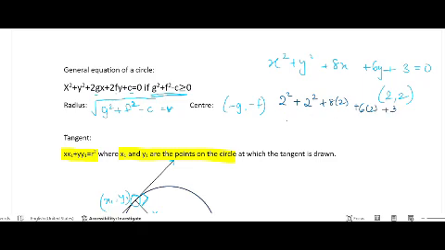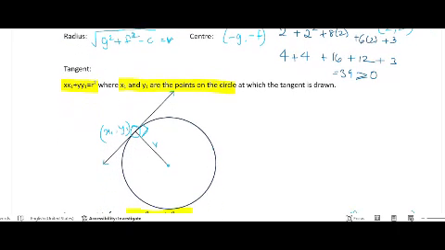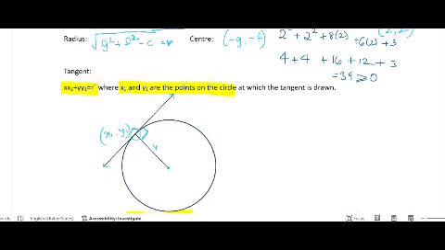What does it give you on simplification? It gives you 4 plus 4 plus 16 plus 12 plus 3. What do you get from this? You get 39, which is greater than 0. Since it is greater than 0, you will get that this point is outside the circle.